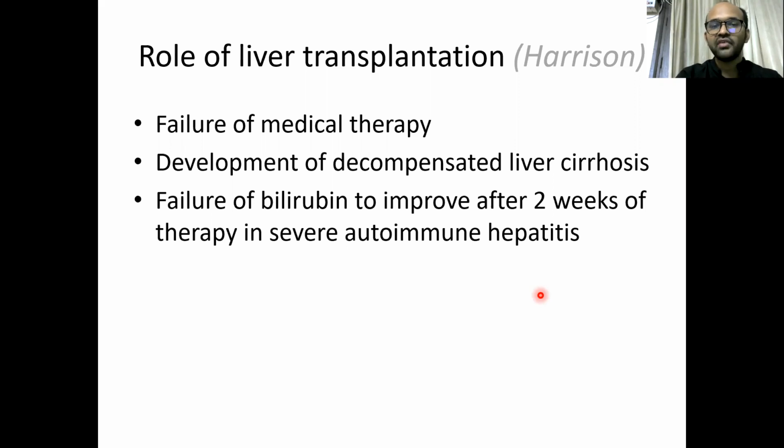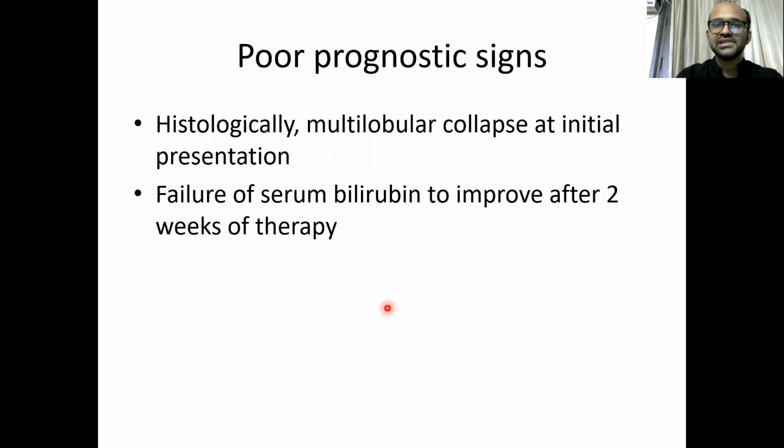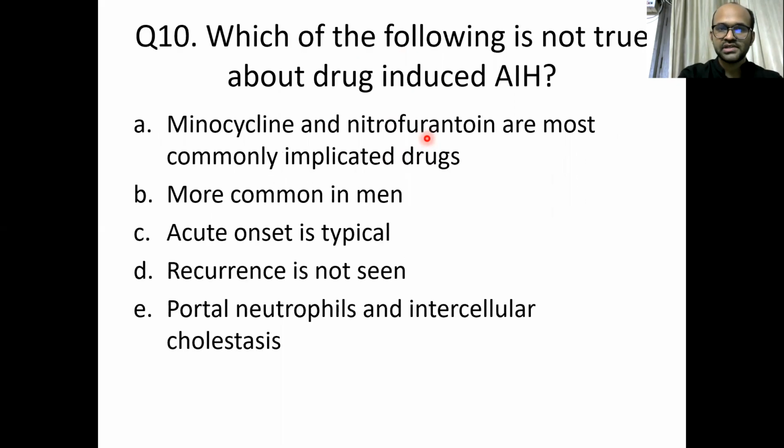And if there is a failure of bilirubin to improve after 2 weeks of therapy in severe autoimmune hepatitis, it is a very important pointer that this patient is a candidate for liver transplantation. The poor prognostic signs are bilirubin not improving after 2 weeks of therapy, or multilobular collapse on histology at presentation.